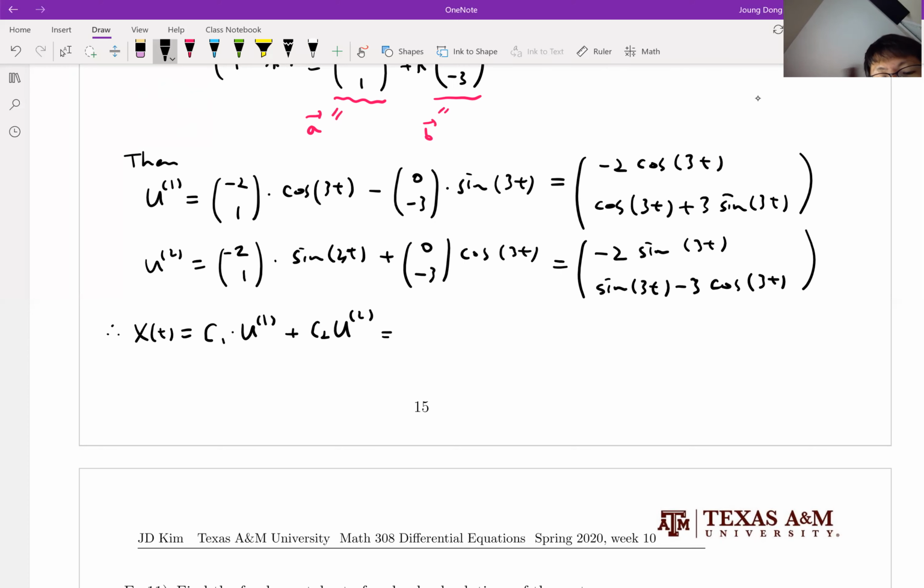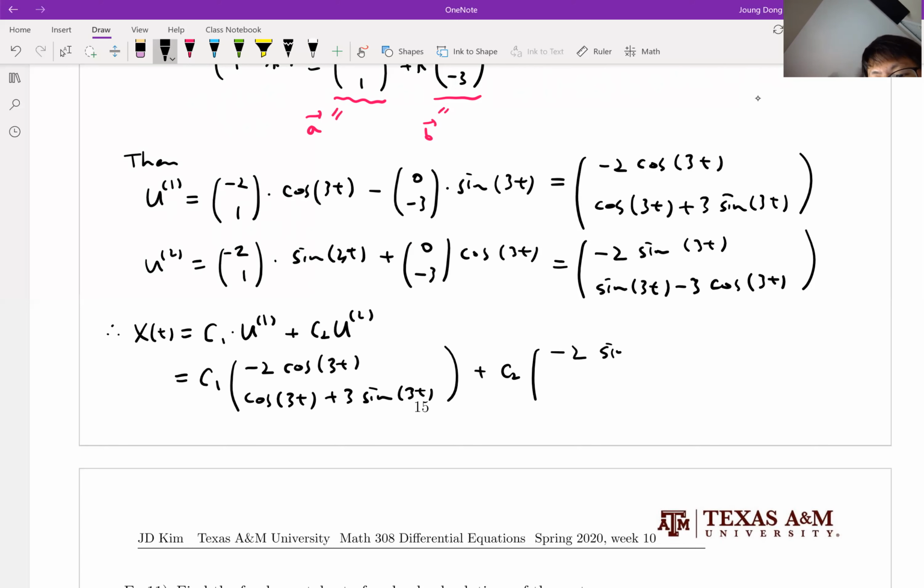Which is equal to C1 times negative 2 cosine 3t plus 3 sine 3t, plus C2 times negative 2 sine 3t minus 3 cosine 3t.